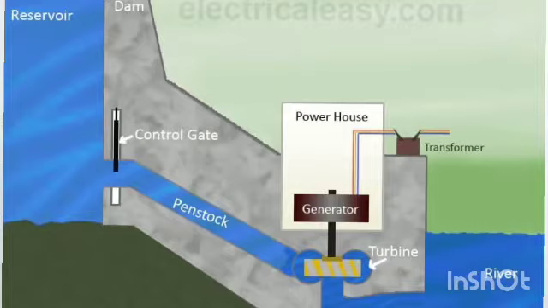The rotation of the turbine makes the generator work and thus electricity is produced, and this electricity reaches our houses through distribution centers like transformers, and is directed to the electric posts situated at different places. So this is how the electricity reaches our houses.